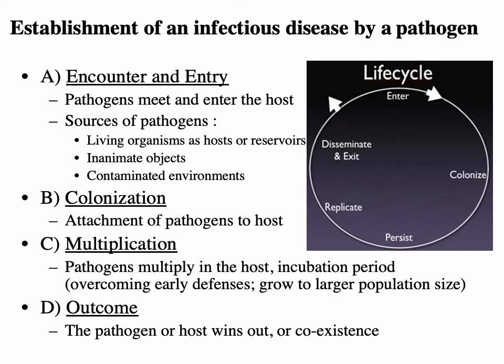So the outcome depends on whether the pathogen is able to overcome the defense and grow into a larger population size, then they'll cause disease. The pathogen will win. If our defense, whether immune defense or other defense, is able to contain this organism, then we win, the host will win.